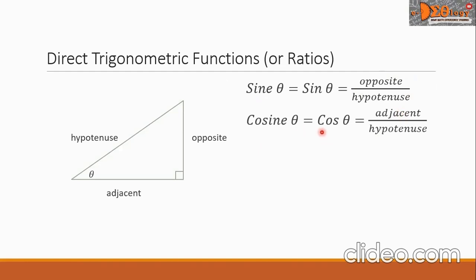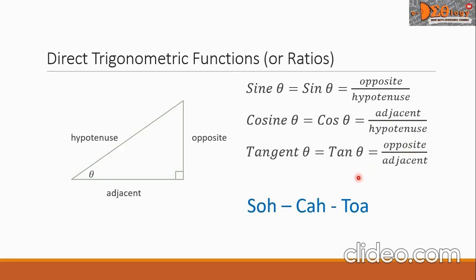The symbol is cos, and this is the ratio of adjacent over the hypotenuse. The next function is tangent theta, and the symbol is tan. This is the ratio of the opposite side over the adjacent side.